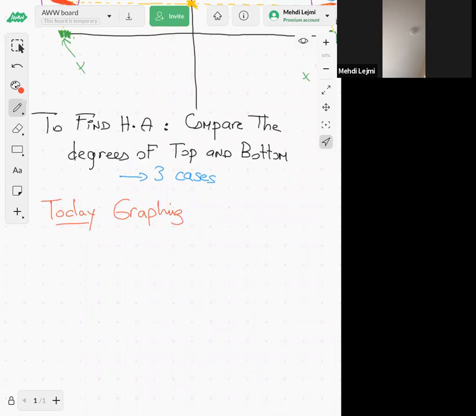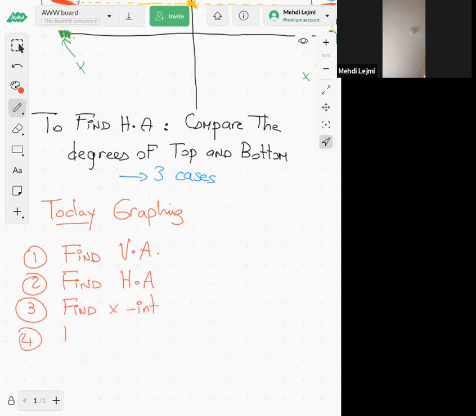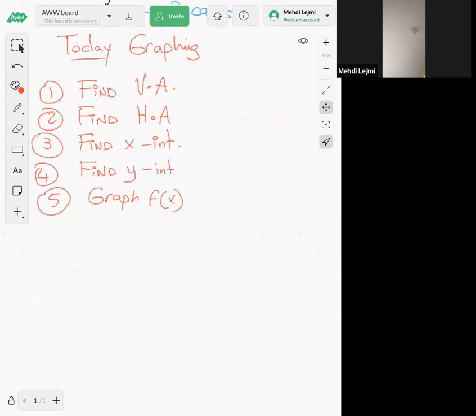First, we need to find the vertical asymptote. 2, we have to find the horizontal asymptote. 3, we have to find and plot, of course, the x-intercepts. 4, find the y-intercept, and we have to plot the y-intercept. And 5, of course, we're going to graph f of x. We're going to use all this information to graph f of x. So I'm going to explain with an example how to use all this information to graph f of x, right?